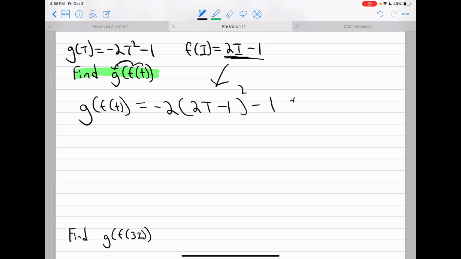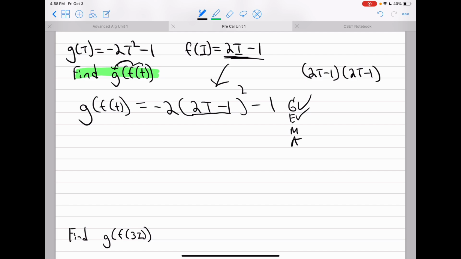But if I'm going to follow GEMDAS, right, I have to do my grouping. I see my grouping. There's nothing I can do inside of there. Then I have to do my exponents. So I have to do 2t minus 1 squared, which means 2t minus 1 times 2t minus 1.